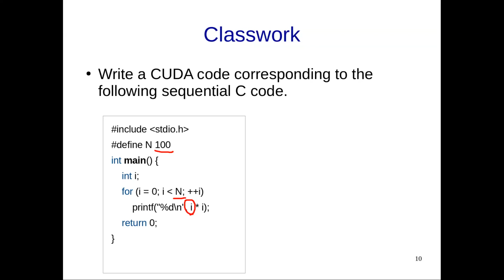Because these different threads are running in parallel. In the sequential setting, every time you run the code, you are going to get 0, 1, 4, 9, 16, 25, 36, exactly in that order, because they are running sequentially. Whereas we are going to execute this kernel in parallel, where 99 threads are going to run in parallel, so they might print in arbitrary orders. There is no synchronization between them.